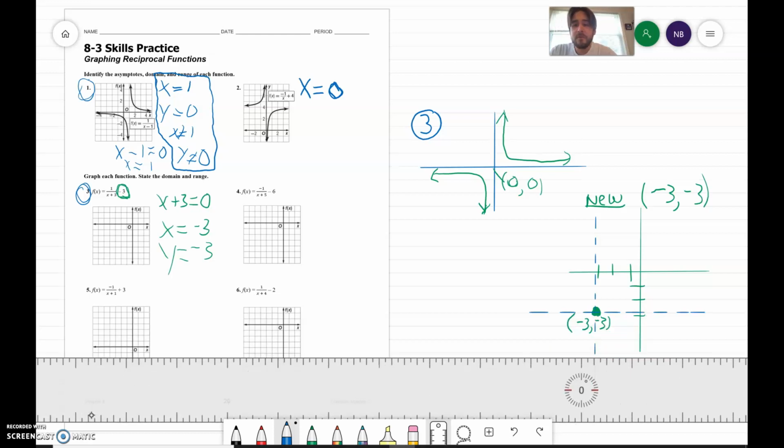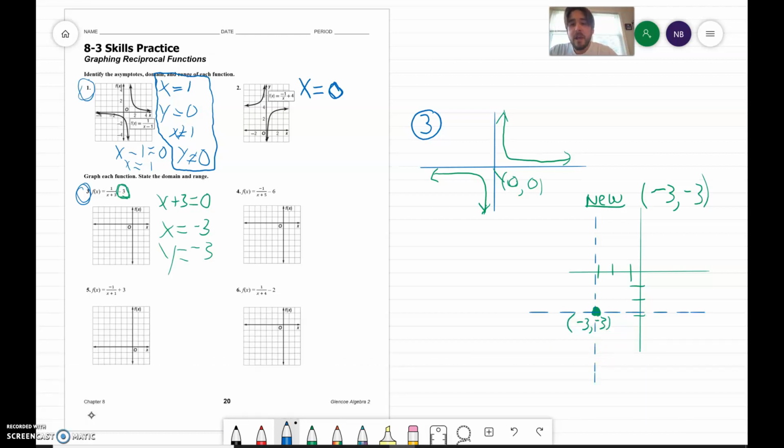Okay. Now from here, I just need to state the domain and range, and we can just simply say that x cannot equal. So for domain, x cannot equal -3, and the range, y cannot equal -3.